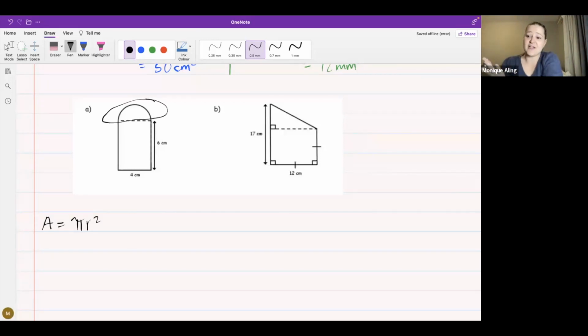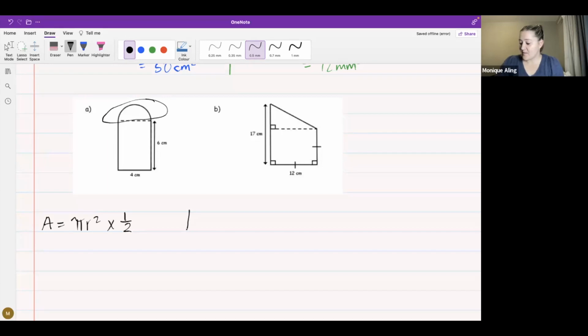So just like we did with circumference on Monday, I have to adjust the formula to suit the shape I'm looking at. So now I'm not working out a full circle, I'm working out half a circle. So you can either take your answer, divide by 2, or we just times by half. Take our formula and times by half.